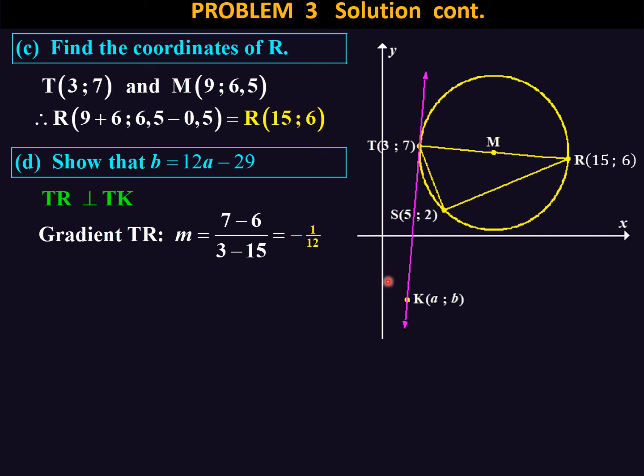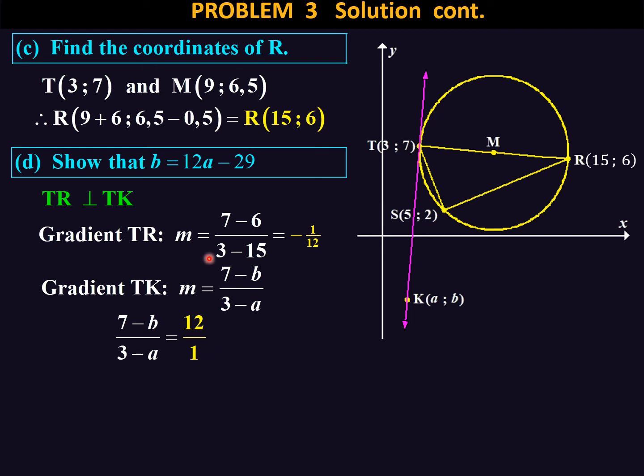Then to get the gradient of the tangent, now I can use my A and my B. So that's 7 minus B over 3 minus A, right? But we know the TR and the TK are perpendicular. So if this one's gradient is -1/12, what will this one be? That's correct, +12/1 or +12. So in other words, I know 7 minus B over 3 minus A should be +12.